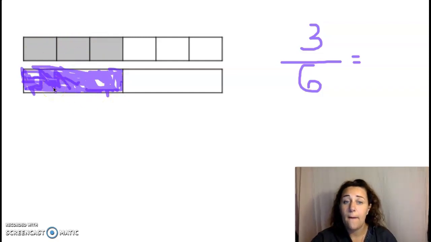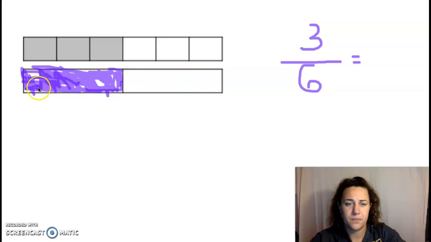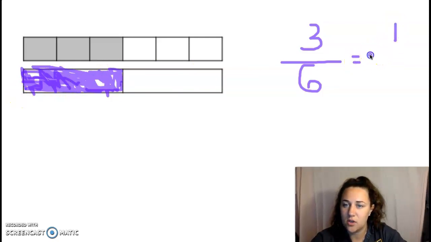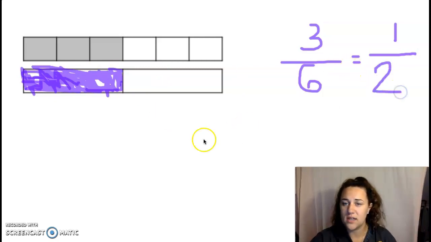Easy peasy. But what's my new fraction now? Because we changed it. So let's see. I have one part shaded in, so that's my numerator. Make my line. Out of how many altogether? 1, 2. Out of 2 altogether.